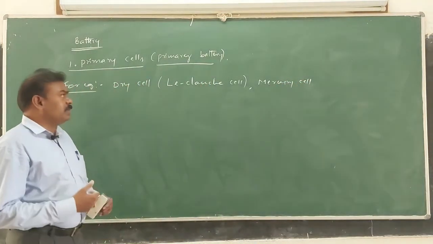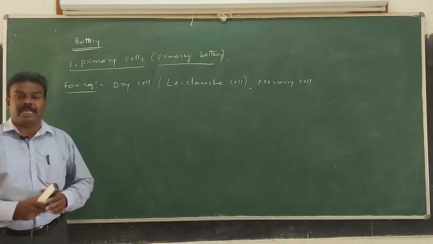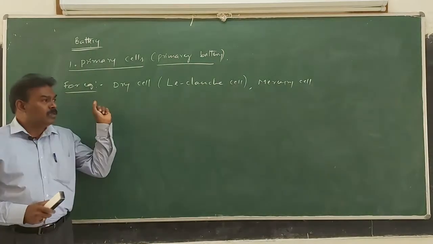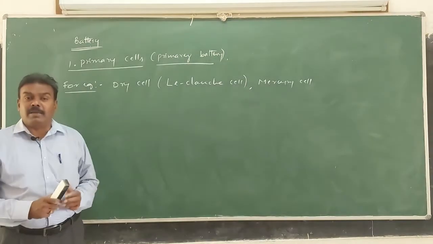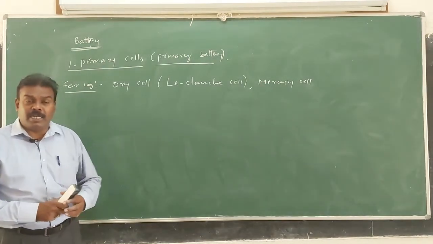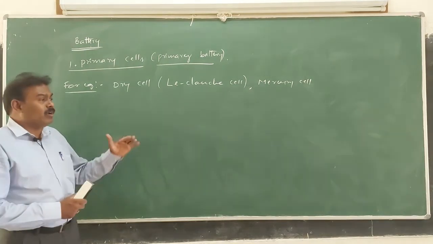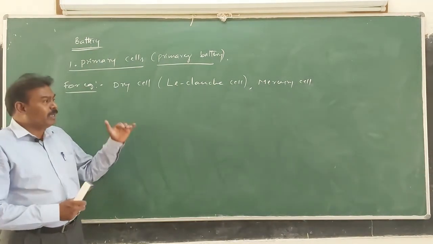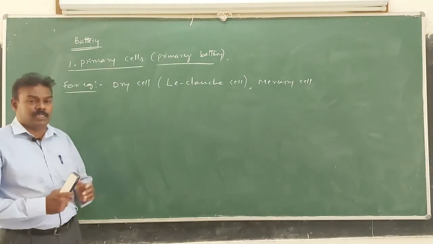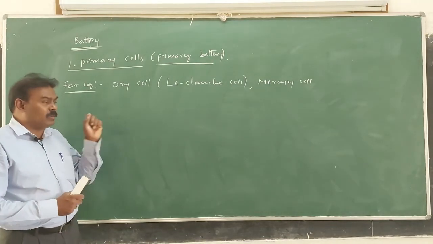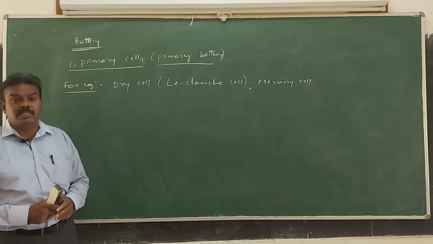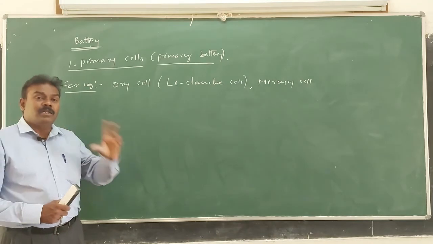These are examples of primary batteries. After some period of time, the chemicals present inside that battery are exhausted, which means it cannot be reused or recycled again and again. Once it is exhausted, it can be thrown out. Hence it is called primary cells or primary batteries.